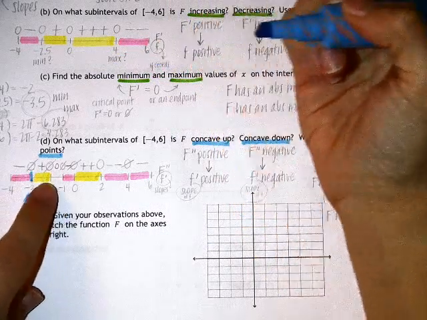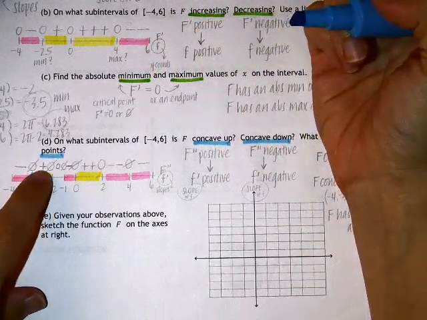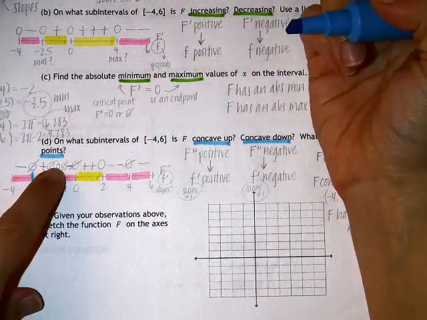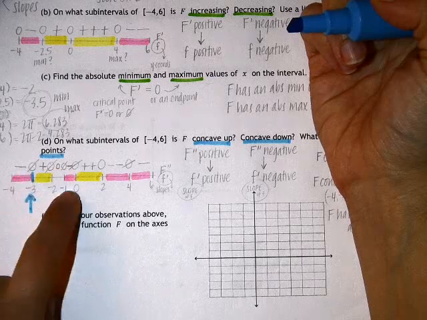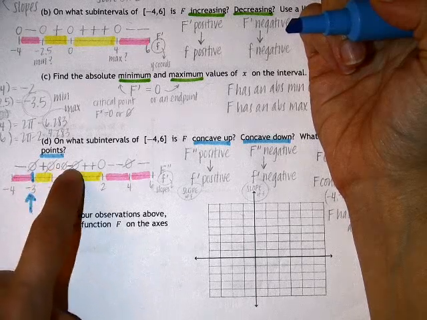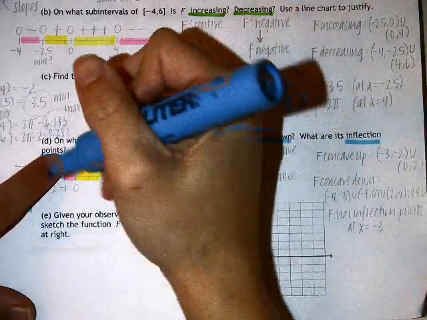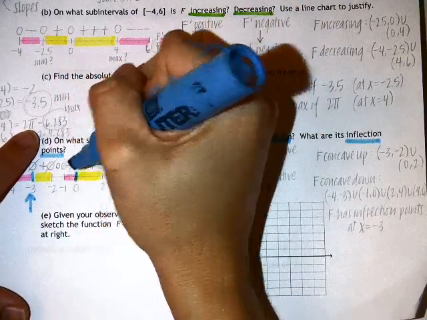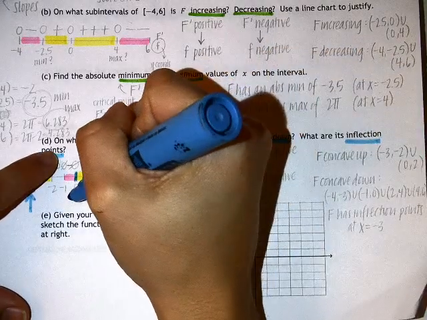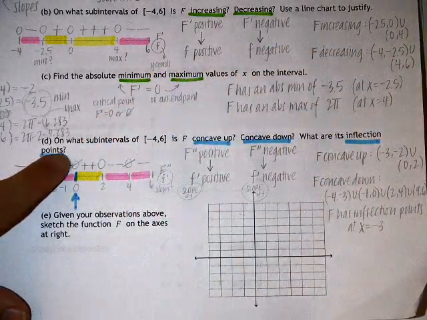Now I look here at -2 and I don't see an inflection point because I have a plus to a 0. That's not a true change in sign. Same thing with -1. We change from 0 to negative, but that's not a true inflection point. At 0, though, we do have something good happening, because at 0, we switch from negative to positive.